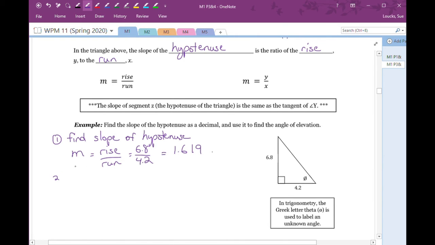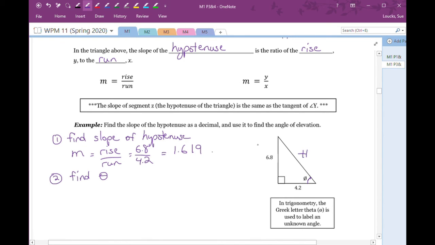And then part 2 is find the angle of elevation. So find theta. Theta is a Greek letter that we use to denote an angle that we don't know. It's a variable. We just use it specifically for the size of an angle, not the location of an angle, but actually its size. Okay, so we want to find that. So looking at our triangle here, this is our angle of interest.